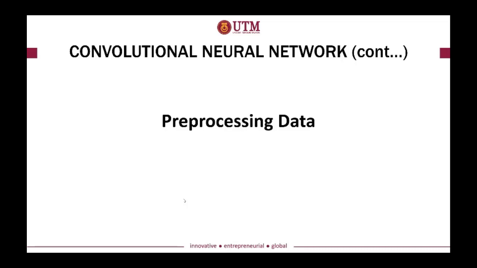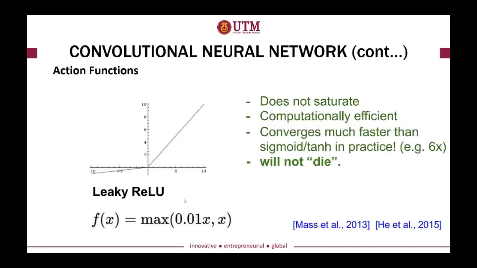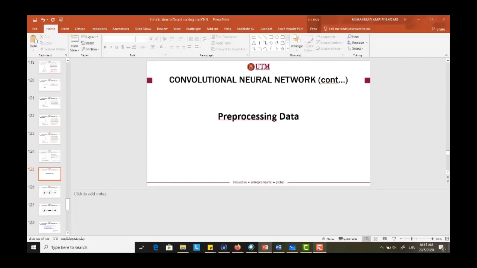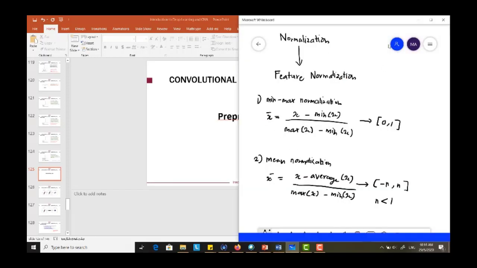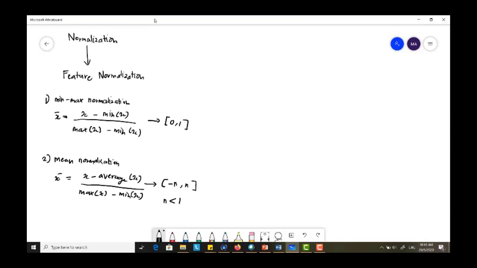Before we talk about that, let's discuss what normalization is first, because otherwise you will not understand why we need to do batch normalization. I just managed to write up all the things in my whiteboard.